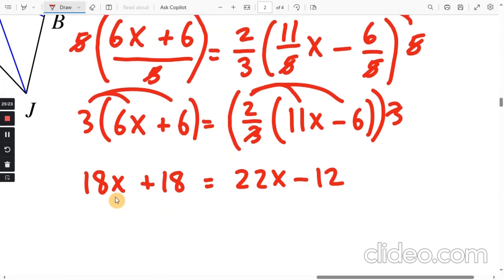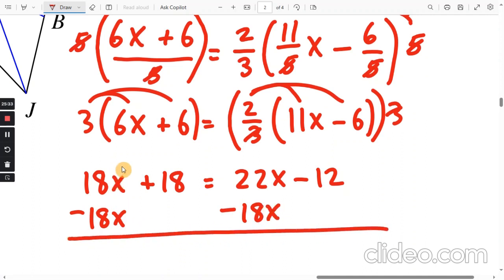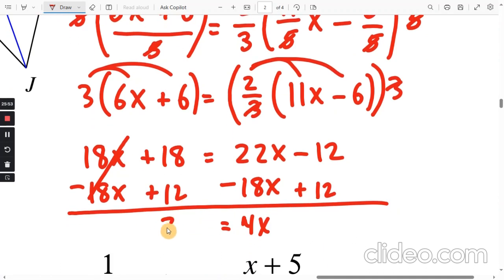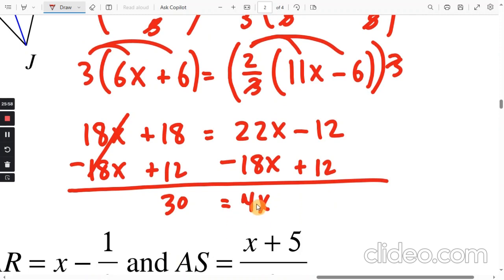All right, I subtract the smaller x. So subtracting 18x from both sides cancels here. 22 minus 18 is 4. Bring down the equal sign. X is on the right, we want numbers on the left. The opposite of negative 12 is positive 12. And 18 plus 12 is going to be 30. Finally, we have x times 4.